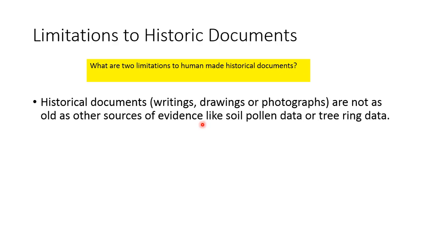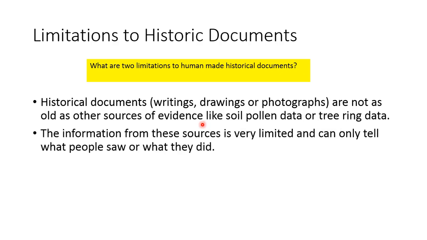So it doesn't show long-term or old change in ecosystems. The information from these sources is very limited and can only tell what people saw or what they did. So it doesn't go beyond the scope of what people did or saw or pictured.